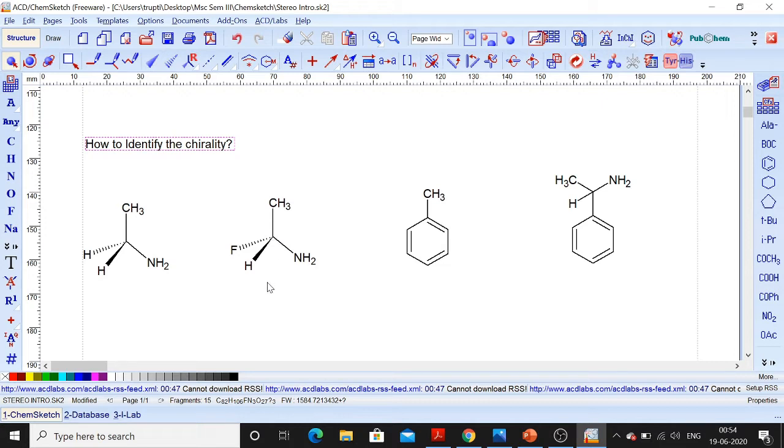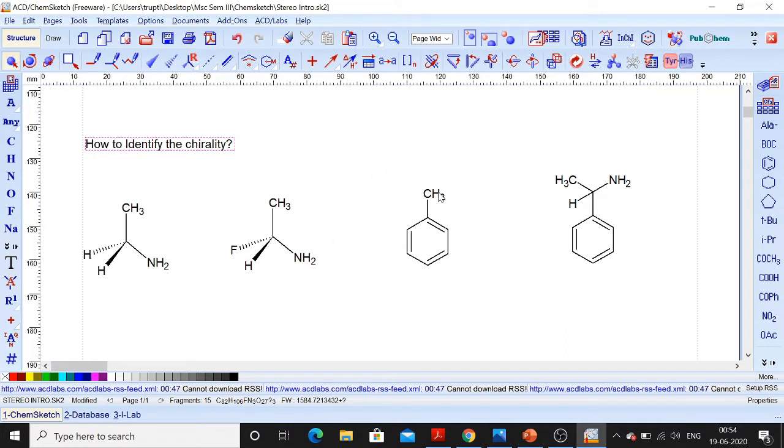Now if you look at the first and second structures, you can easily distinguish. The second molecule is chiral in nature, not the first, because in the first two valencies are satisfied by the same atom, hydrogen.